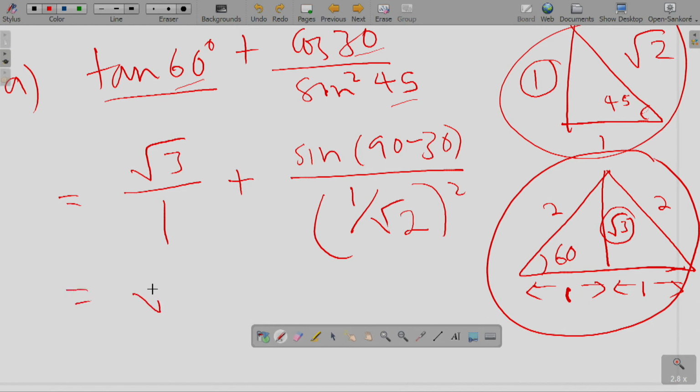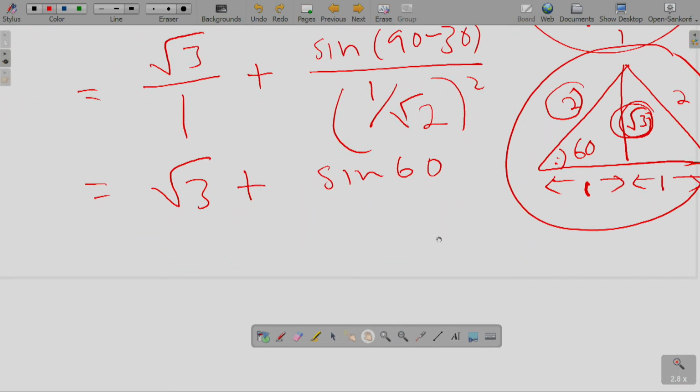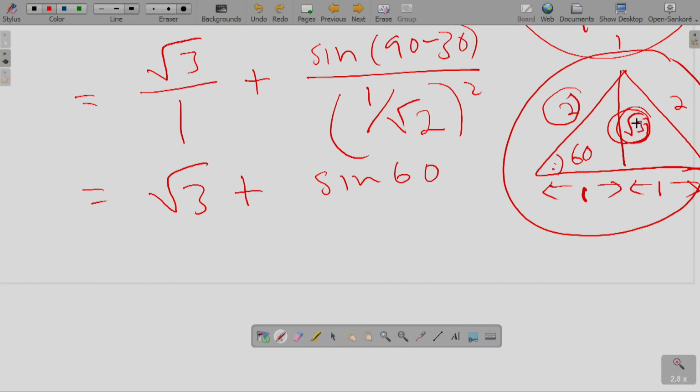So this is equal to square root of 3 plus, here I get sine of 60. From here, sine of 60 is equal to opposite over hypotenuse, which is equal to square root of 3 over 2. And 1 over square root of 2 squared is equal to 1 over 2.